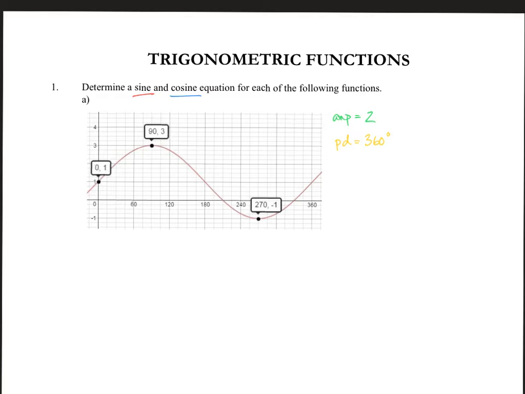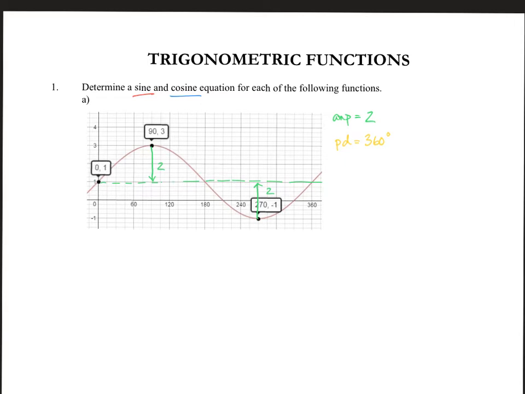The next thing that I think you would want to look for is, well, where is the middle of your graph? So if we were to take a look at this curve and we notice that our amplitude is 2, then if we were to come down 2 from the top of our curve or up 2 from the bottom of our curve, then we have to arrive at the middle of our curve.